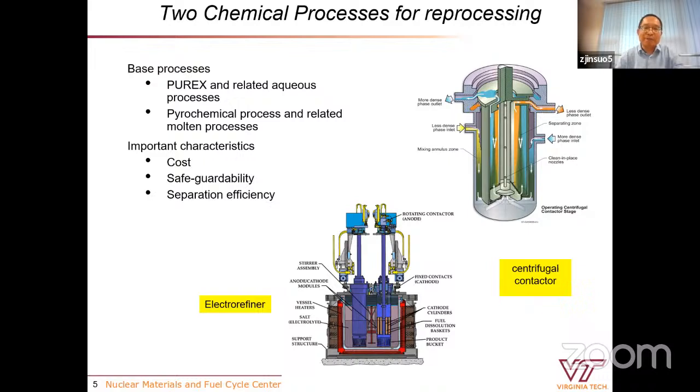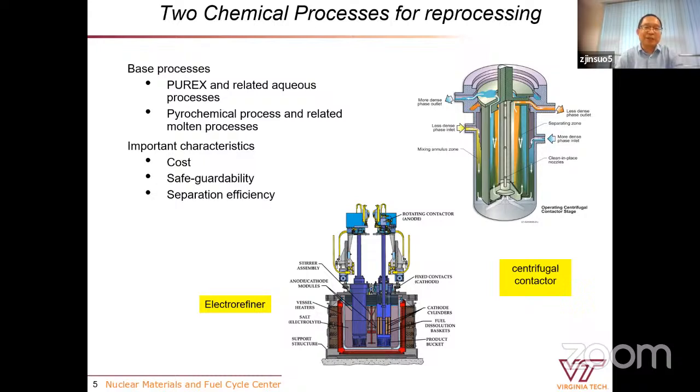However, if we use a pyrochemical process, you may not need that much land. You can just attach your processing facility to your reactor plant. So that means it's a very compact process. When we talk about this chemical processing, we need to think about the cost, right?